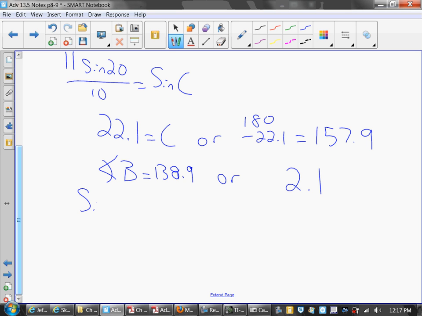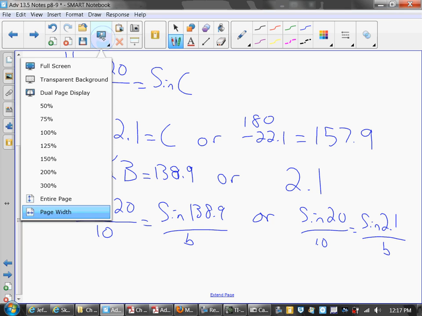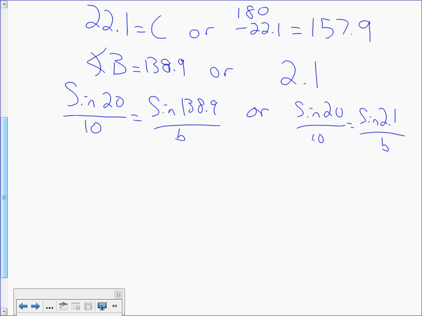Which means sine of 20 is to 10 as the sine of 138.9 is to B, or sine 20 is to 10 as the sine of 2.1 is to B. That'll give you the two possible side lengths for B. Since you have two possible values for C, that means you're going to have two possible values for B. And all you have to do is just figure out those two using the law of sines.